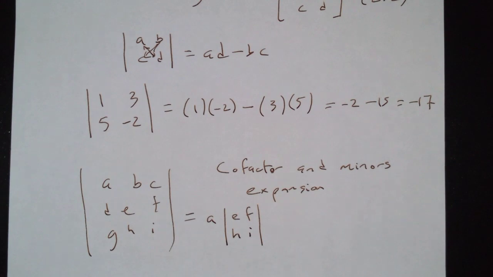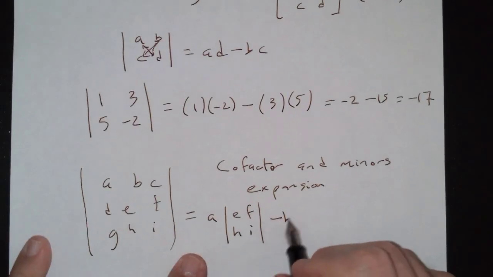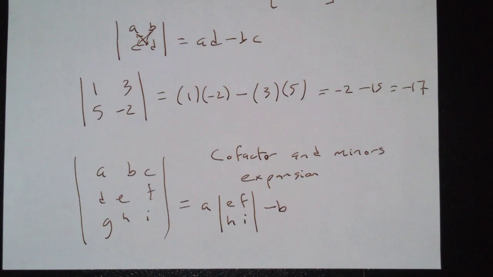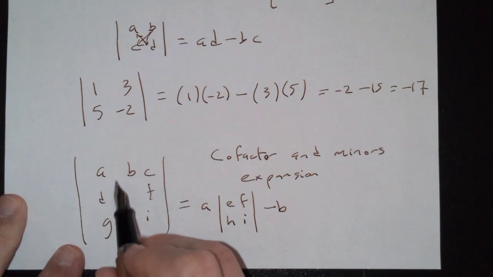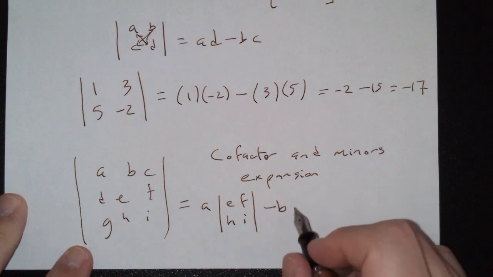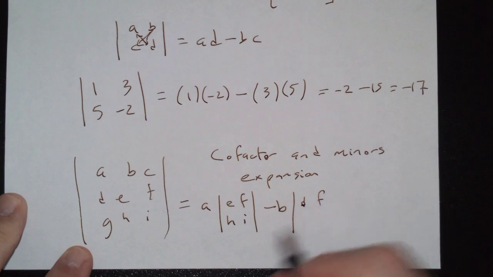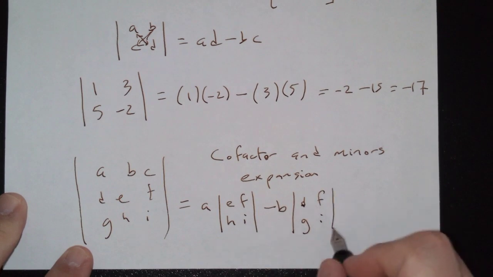Now, every time I move across my row, I change signs. So A was positive. When I step over to B, B is negative. But now I cross out the rest of the first row and the rest of the middle column, and I'm left with D and F in the second row, G and I in the third row.